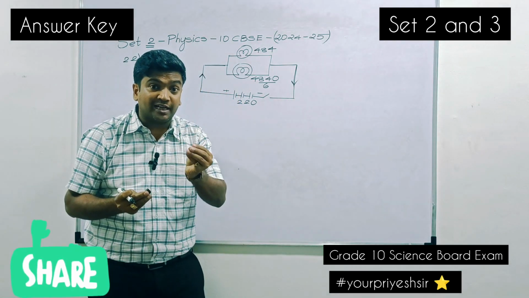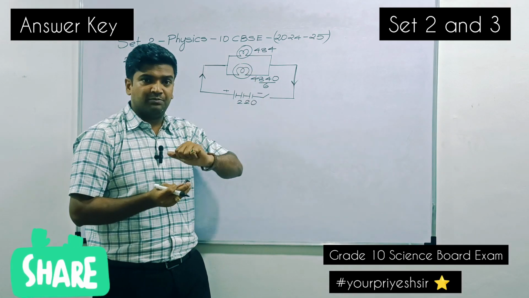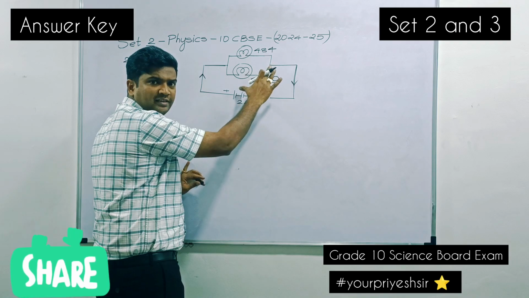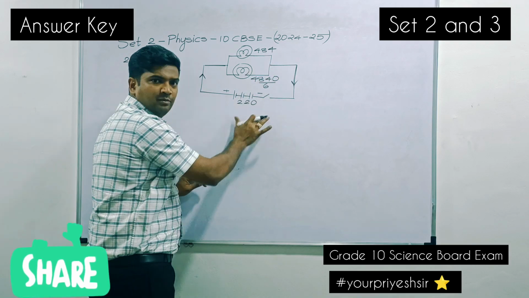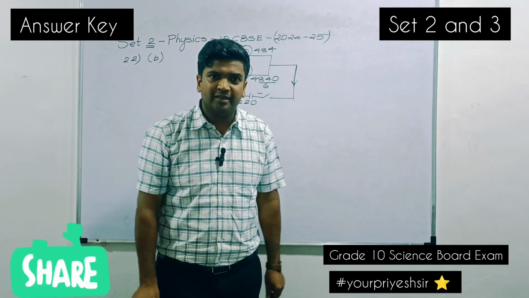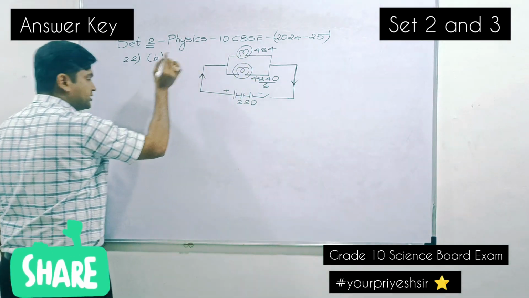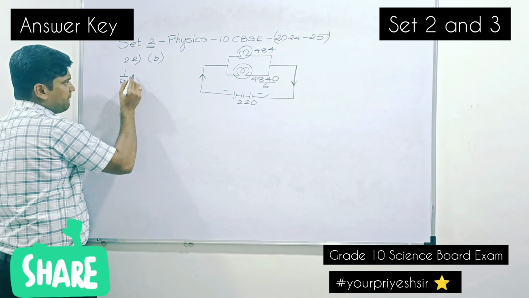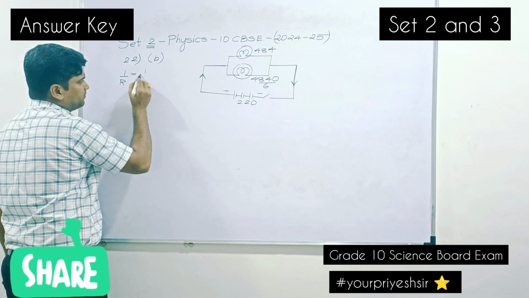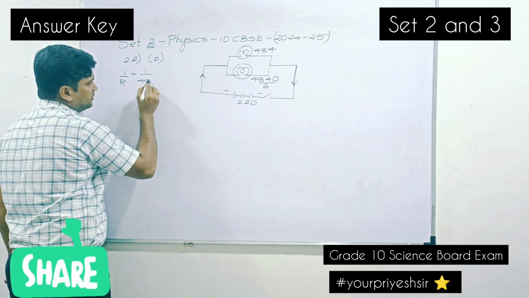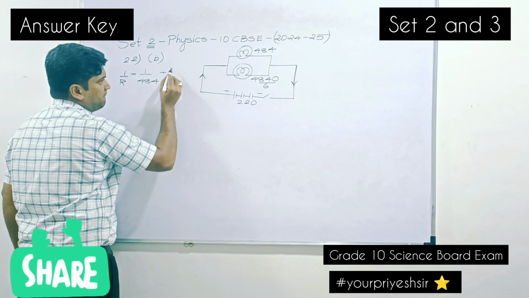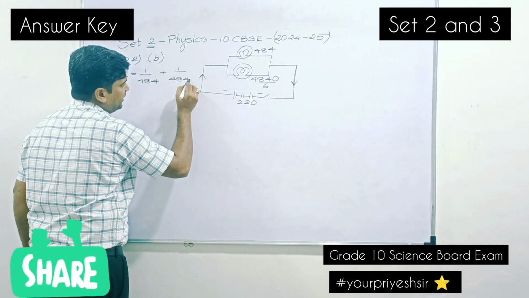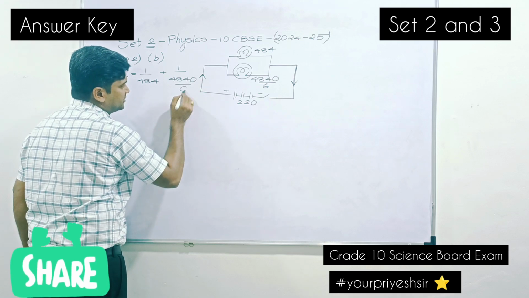What do we have to do now? We have to find out the current withdrawn by the two bulbs. So first let's find the effective resistance of both, then I have the voltage ready, and I will automatically get the current. Correct. So let us find the effective resistance first. So it would be 1 by R, which is equal to 1 by 484 plus 1 upon 4840 upon 6.